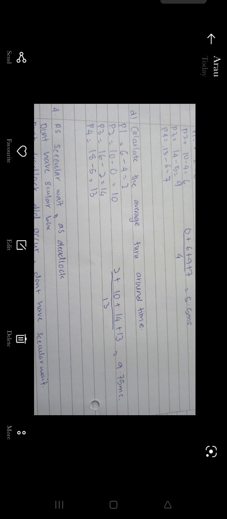So P1 will be 6 minus 4 is equal to 2, P2 is 10 minus 0 is 10, P3 16 minus 2 is 14, P4 18 minus 5 is 13. And total up and divide by 4, the final answer will be 9.575 ms.